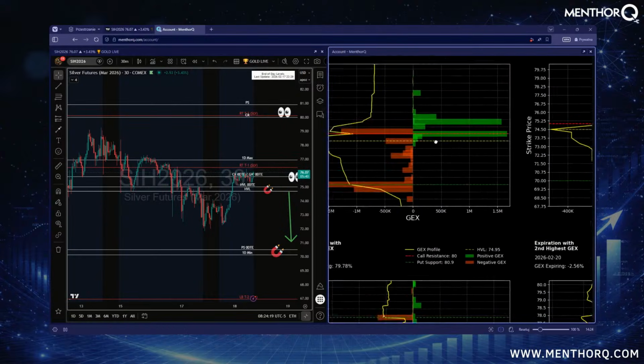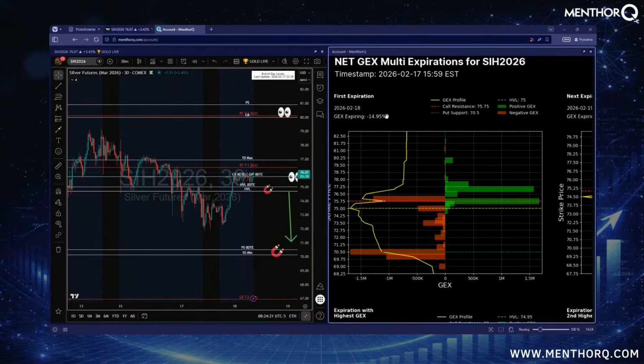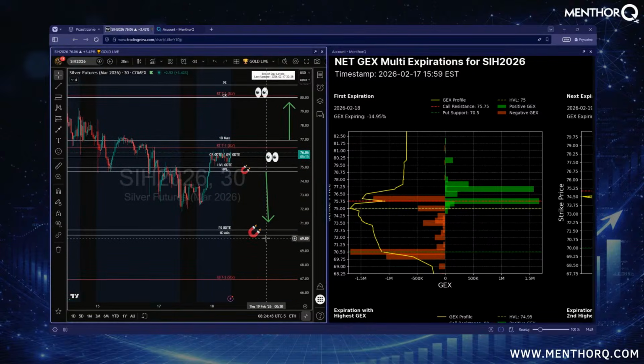Voila. So right now the nearest expiration has near 15% negative gamma sitting on the silver contract. The main core resistance is the 78 to 77 zone. Right now we are near this zone, and later if we drop below 75, our magnetic zone is sitting here.